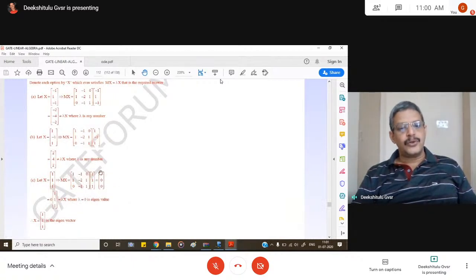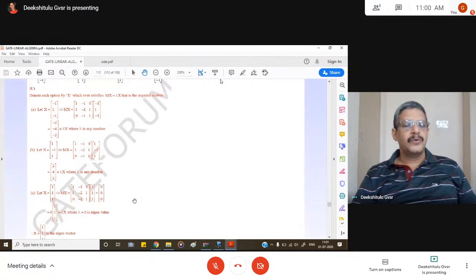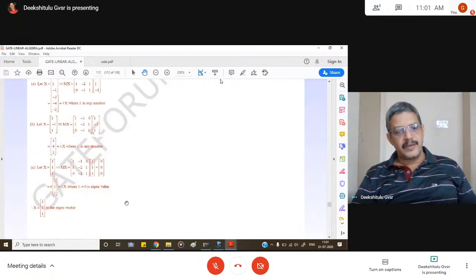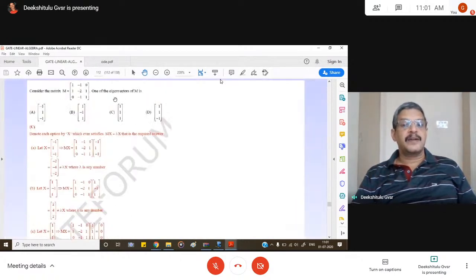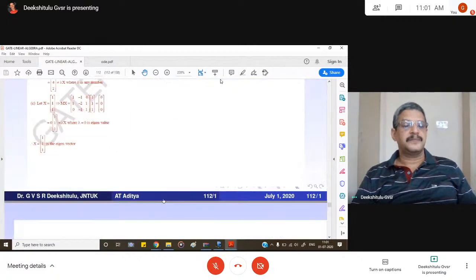But 0, 0, 0, you can write it as 0 into this eigenvector x. That means M into x is equal to 0 into x. So lambda is equal to 0 is the eigenvalue. So this eigenvector 1, 1, 1 is the eigenvector out of all possibilities. So C is your correct answer.